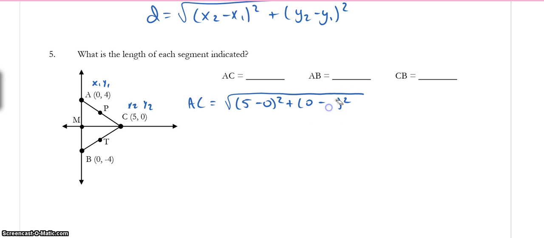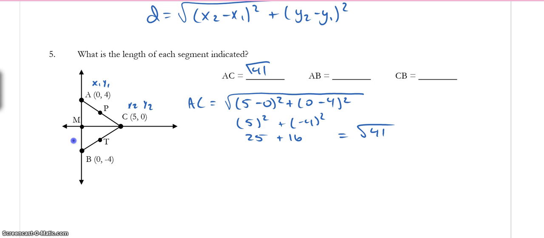And that is a 4, not a y. So when we do our math, 5 minus 0 is 5, and negative 4 squared. So I get 25 plus 16, which is the square root of 41. Let's just leave it at that for now. We can't simplify it, but you could get a decimal.